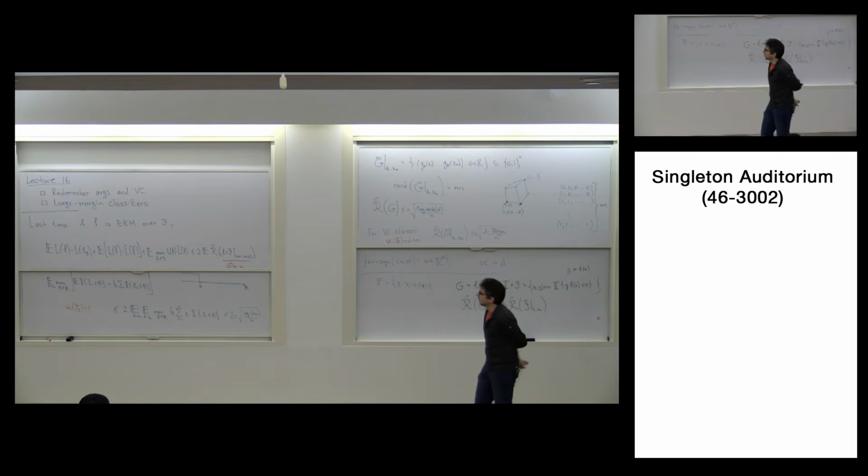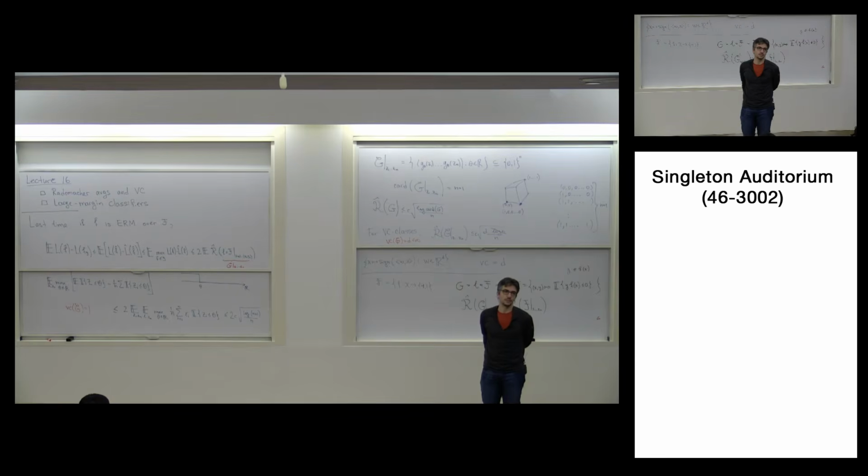So, well, let's turn to neural networks. If we go with this idea that the VC dimension should be roughly the number of parameters, which is not true, but you can try to verify it.